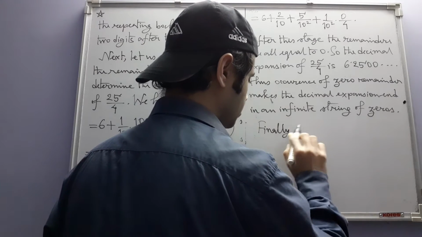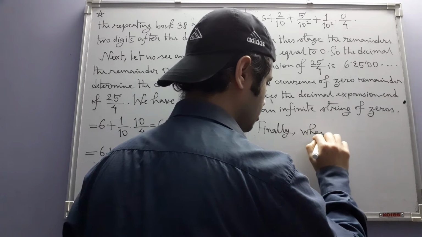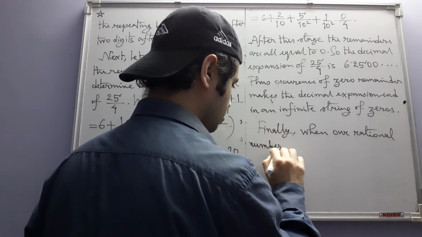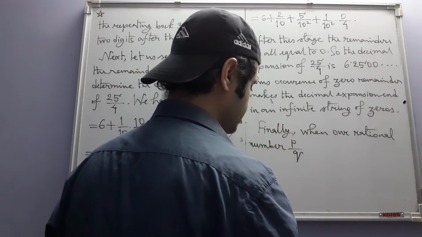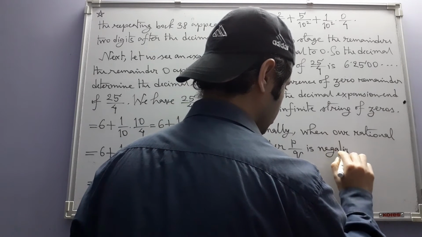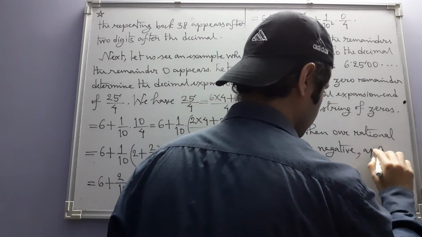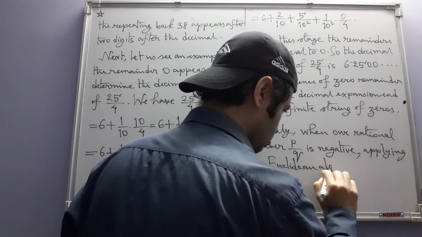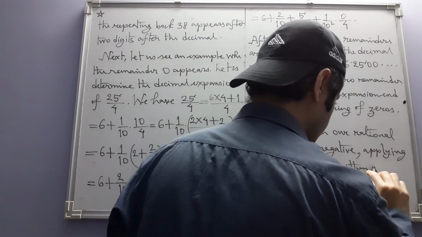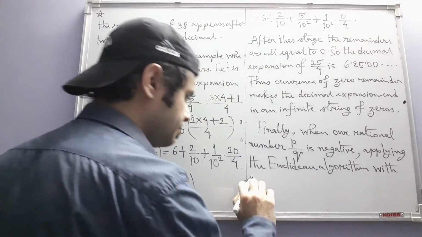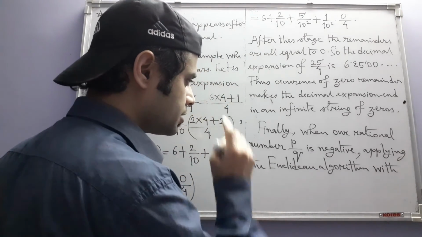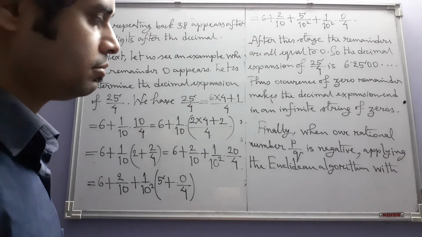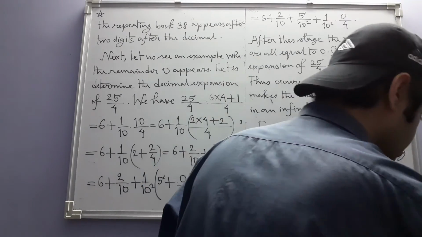Finally, when our rational number, say p by q, we can consider it like that, is negative, applying the Euclidean algorithm with p by q negative. Okay, how can I express this fact?